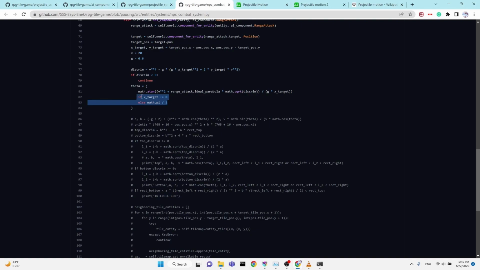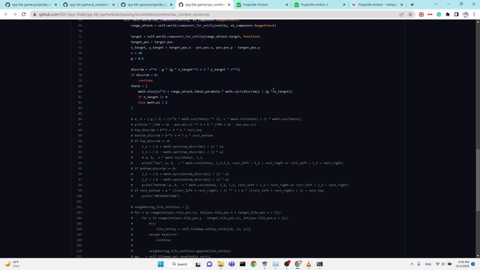You'll notice that I added this thing: if x target is not zero, otherwise math.pi/2. Now, why did I add that? Because what if the target entity is directly above the shooter?